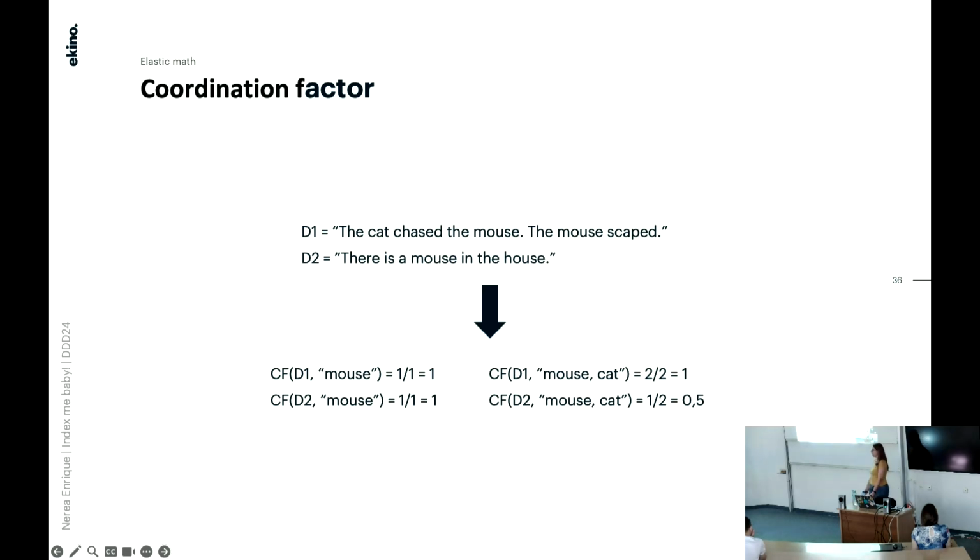Either I found it in the document, or I didn't. And it's not really useful, just one word, one term. So if I try to do the same thing with more terms in my query, you start to have something that's interesting for the score of the document.